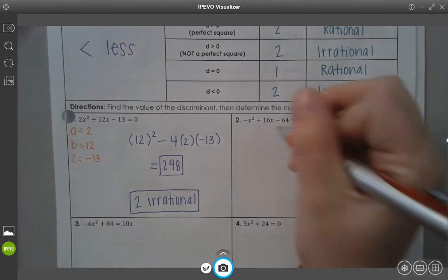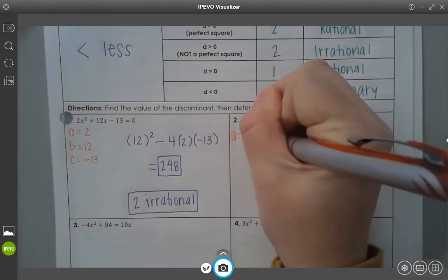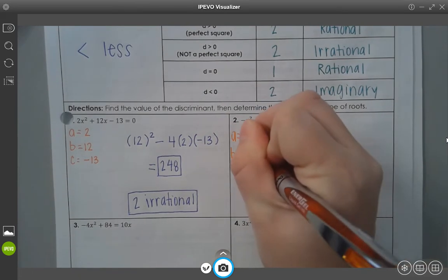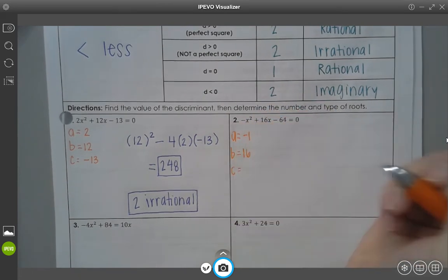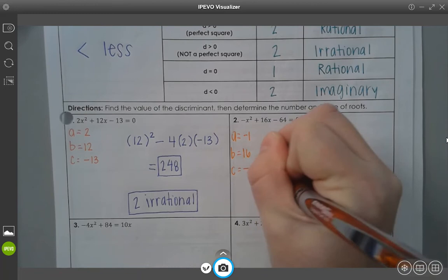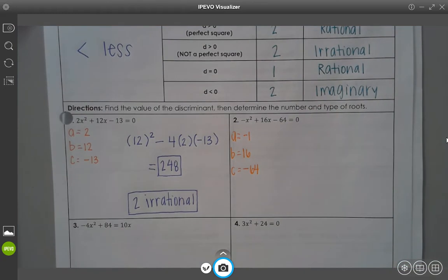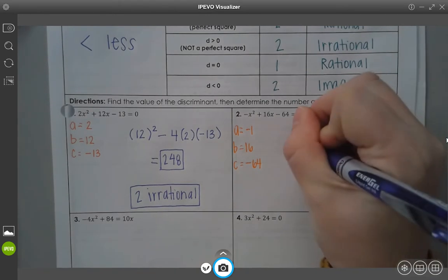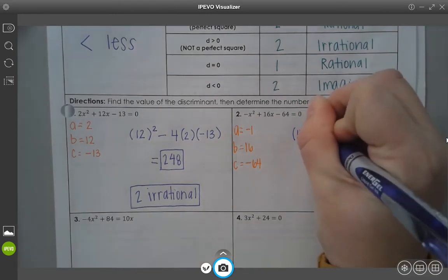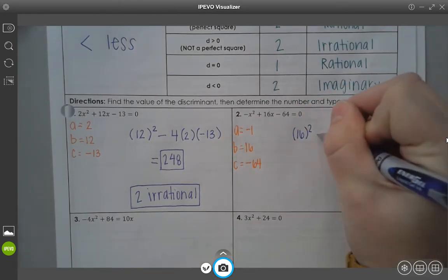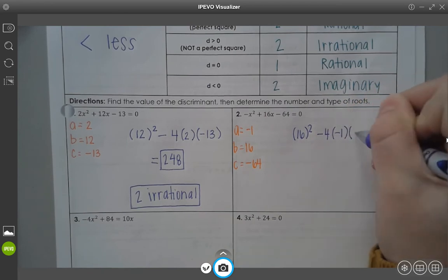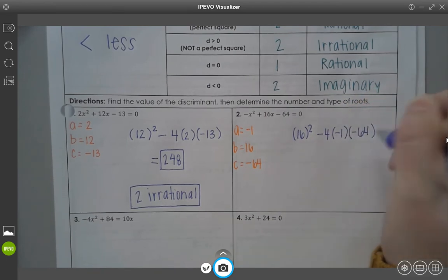Number 2, what is A? -1. What is B? 16. What is C? Good. It's b squared, so 16 squared minus 4 times -1 times -64.